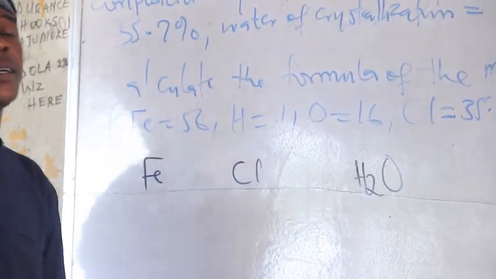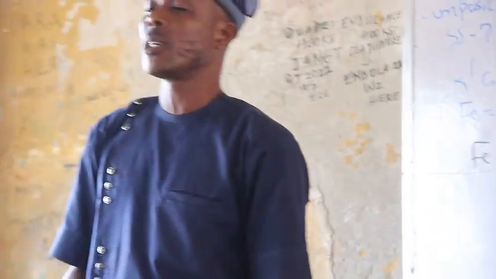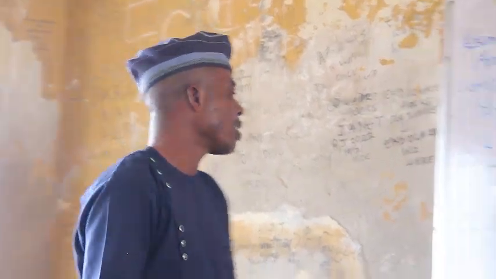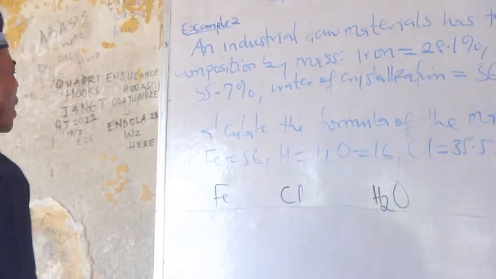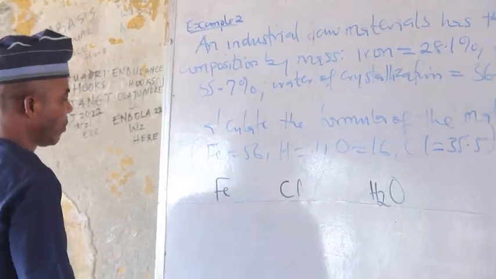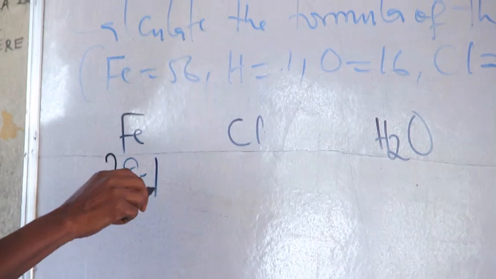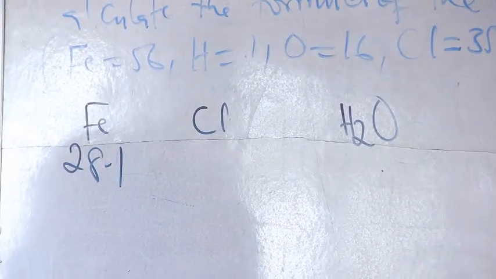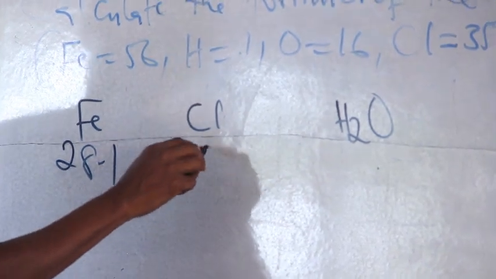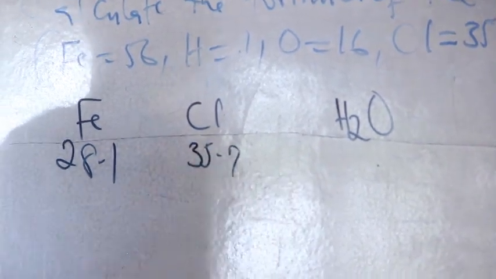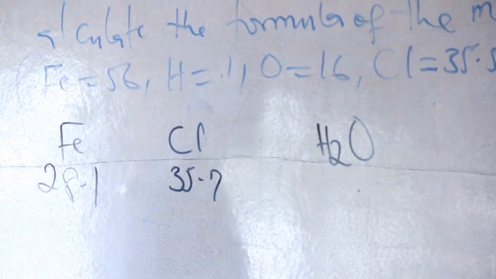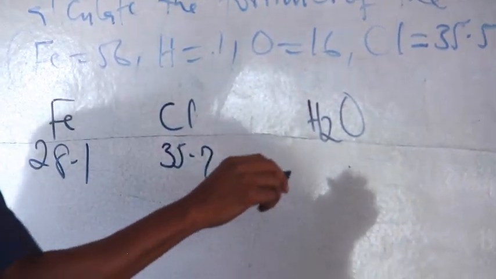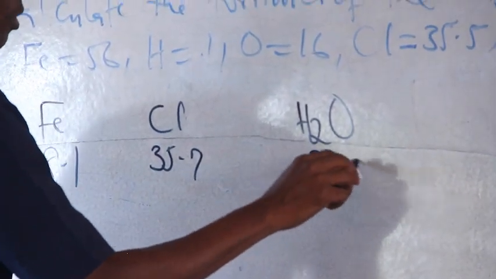So these are what the material contains. Then what is the percentage by mass of the iron in the material? We have 28.1. Percentage by mass of chlorine is 35.7, and that of water of crystallization is 36.2.